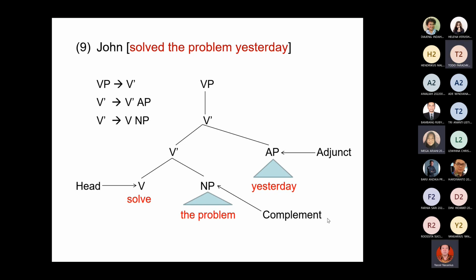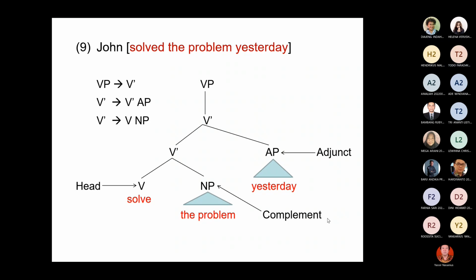So basically, if you draw this, the VP consists of V bar, and the first V bar consists of another V bar and AP, because your AP is an adjunct. So you must have two X bar, so V bar and V bar again, because that's basically the definition of an adjunct.